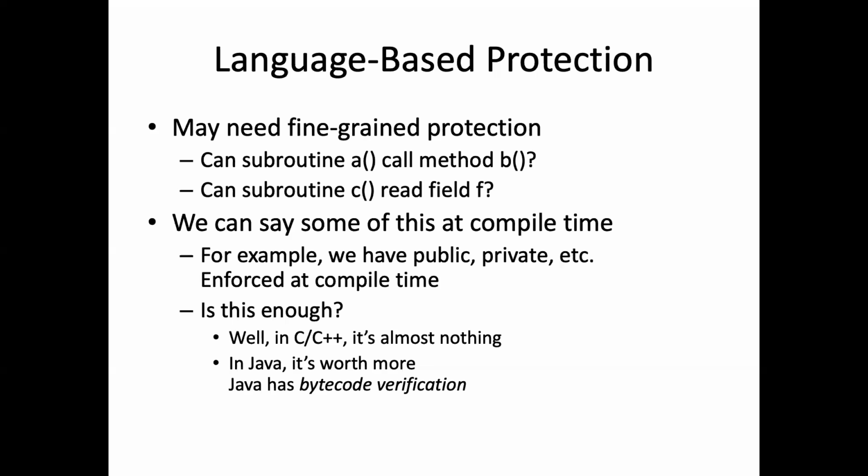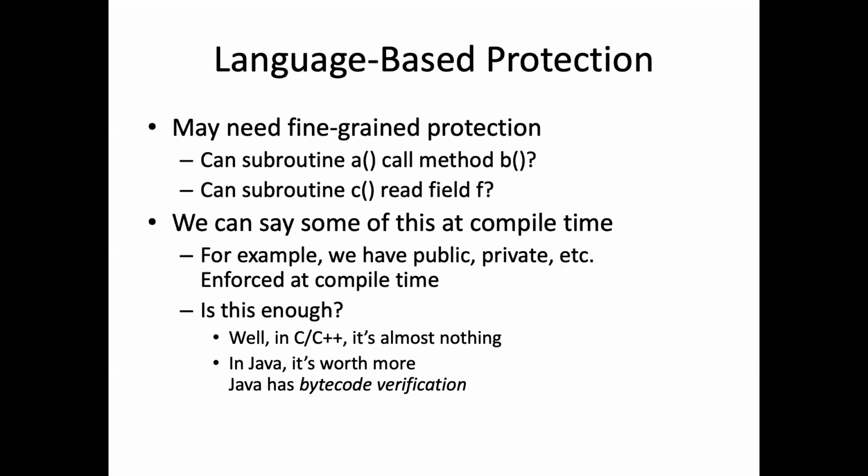But if someone wants to cheat, they can get around those mechanisms because, as you remember from the C course, if you've got access to the memory where an object is stored, you can look at what is stored inside that object, even if the compiler or the programmer tries to keep you from doing that.